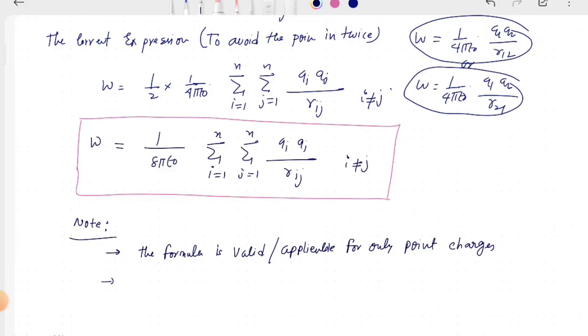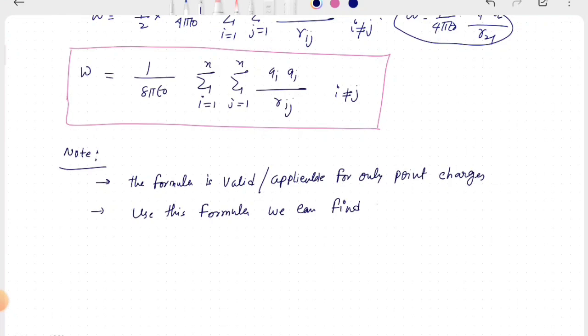And from this formula, we can find the energy of the system directly. Okay, this is a good point. Energy of the system directly.